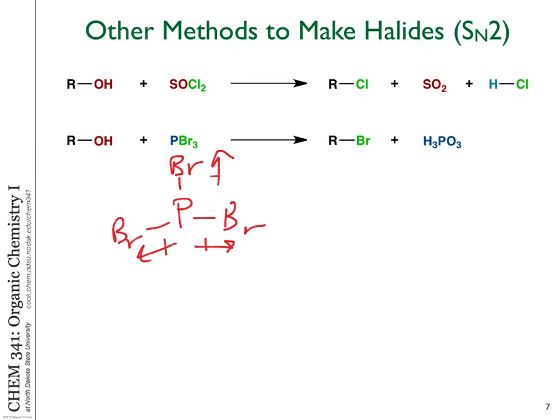So if you have an alcohol with a lone pair, you're going to react that electron density of the alcohol with the electron deficiency of PBr3. That's going to be at the phosphorus. And again, we can do this. If you react that at the phosphorus, we can break a phosphorus-bromine bond. Okay, what does that form? That will form our alcohol.